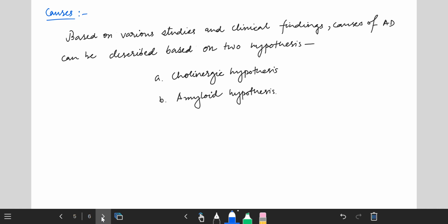Now we will understand them broadly. First one is the cholinergic hypothesis. It means cholinergic neurons are involved, and it concerns the function of acetylcholine.